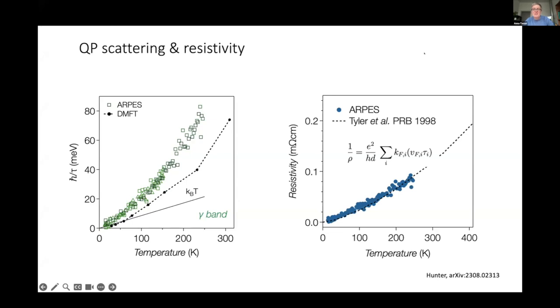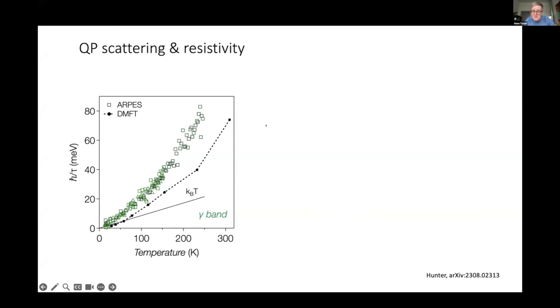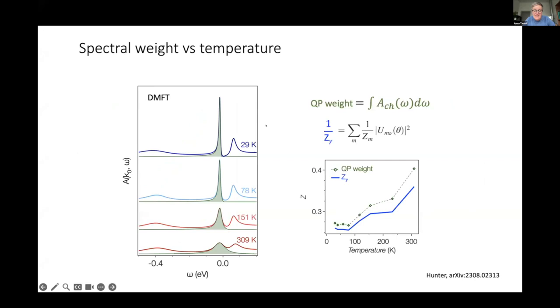I don't have a picture of the scattering mechanism, but the idea is that these quasi-particles are still well defined, but they become so broad because of the excessive scattering that they kind of disappear in the spectrum with temperature.